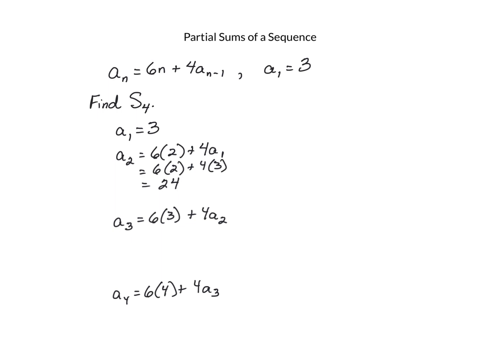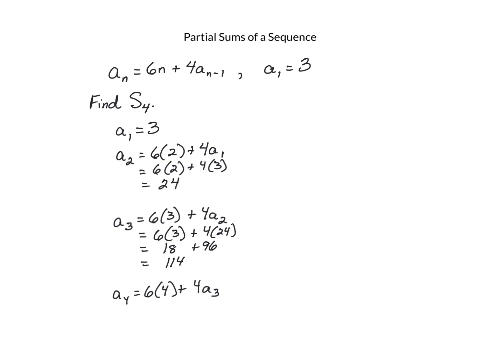Let's move on. We're going to find a sub 3 now. We need to substitute in the second term. So here's our second term. It's popped in right here. So we have 6 times 3 plus 4 times 24. That is 18 plus 96, and that's 114.